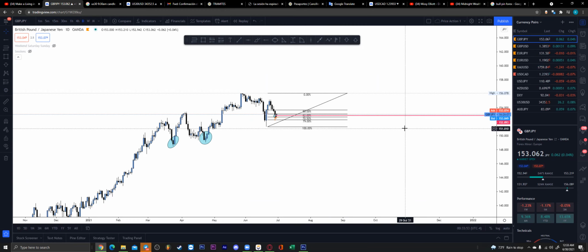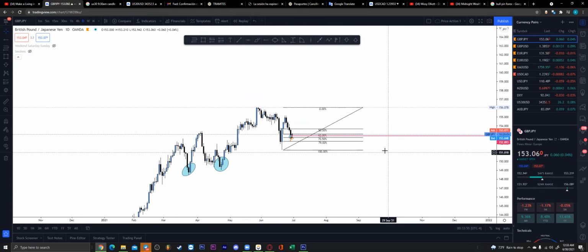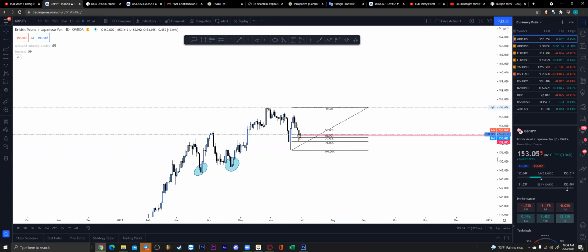So basically what I do, think of it as 79% is me getting an awesome discount to buy into the market, right? At 100%, I wouldn't be looking for that because that's just unreal. So around the 62 to 79% retracements is usually where I would see it's a perfect buy.